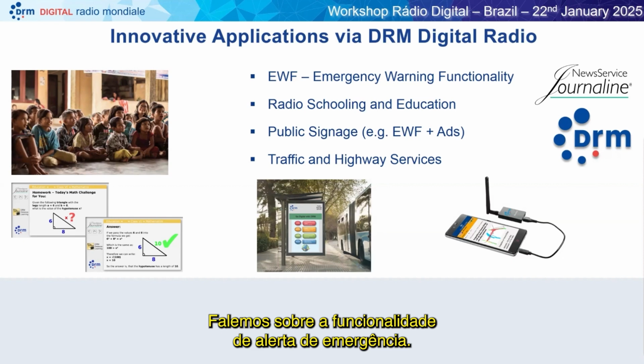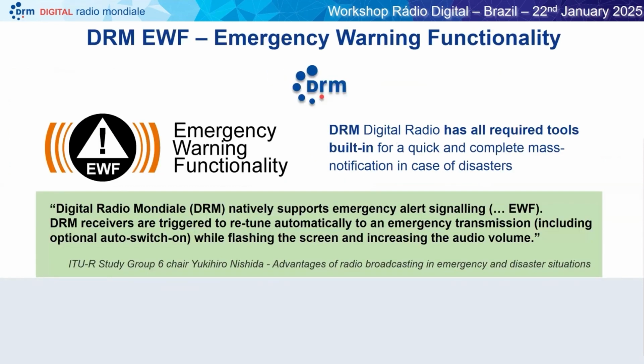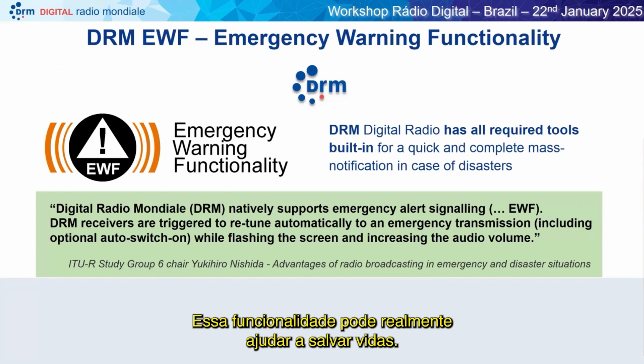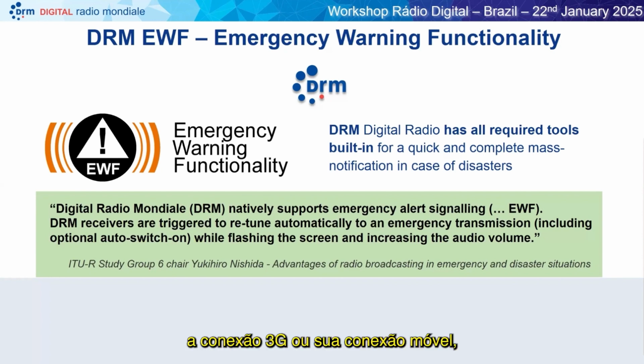So, emergency warning functionality. This functionality can really help saving lives. And more and more you see what's happening in the world: natural disasters, wars, terrorist attacks, whatever happens. The first thing that would go down is always your 3G connections or your mobile connections.